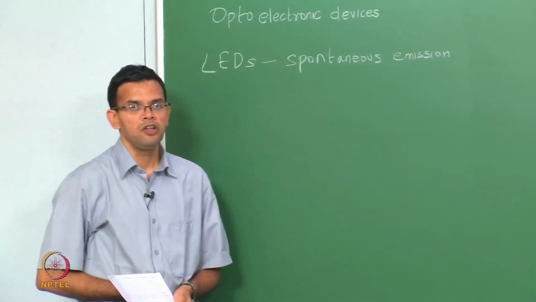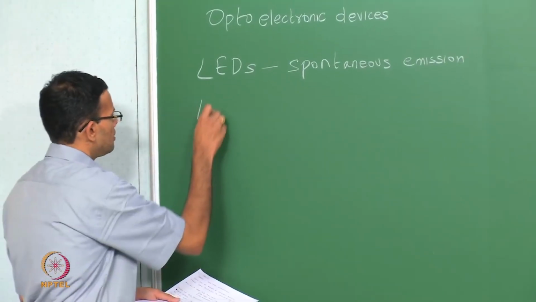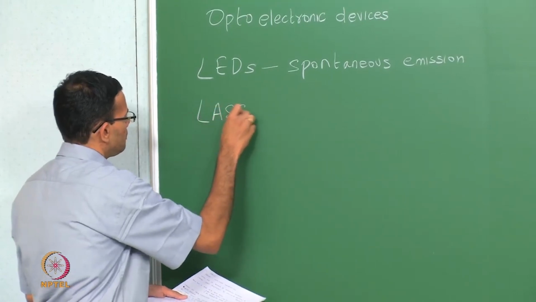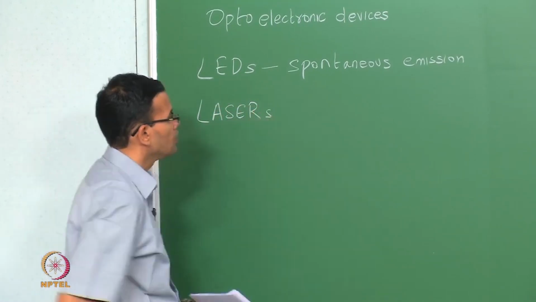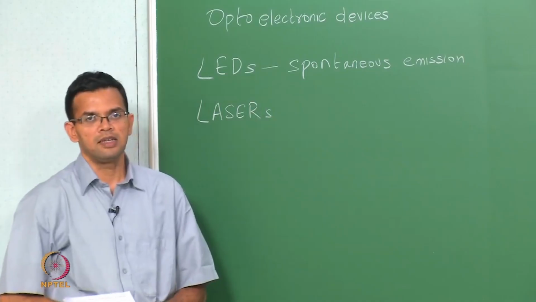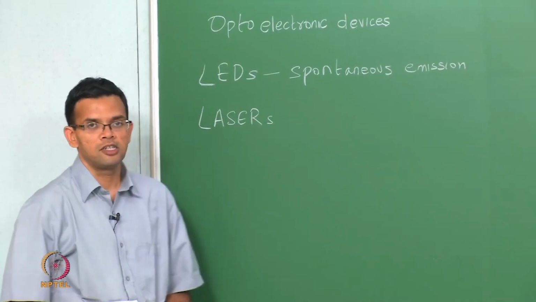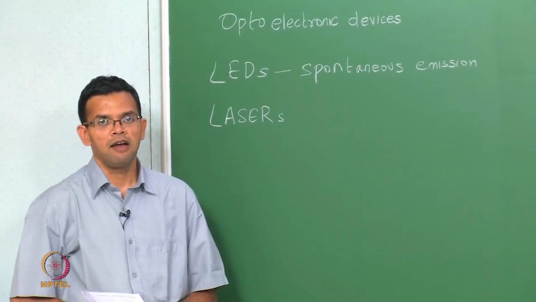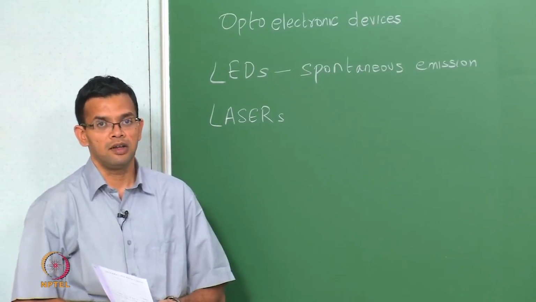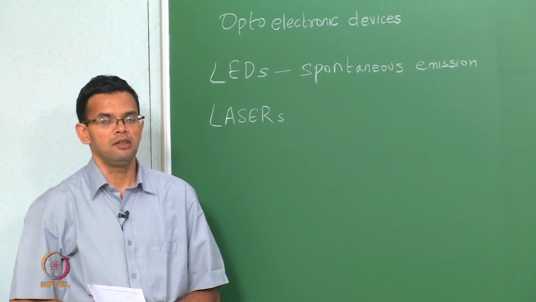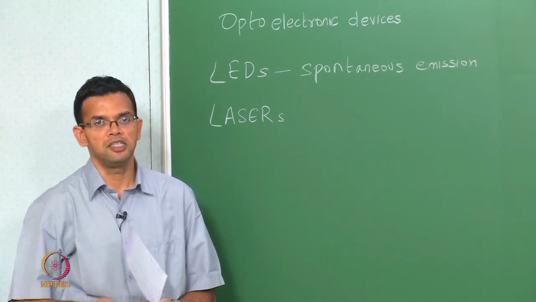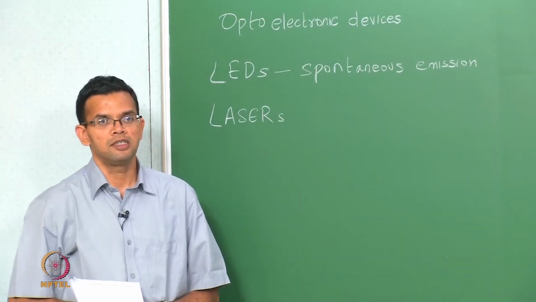Today we are going to look at lasers. Lasers are another example of an optoelectronic device where we have current introduced into the material. Usually you have current that is injected which produces light.